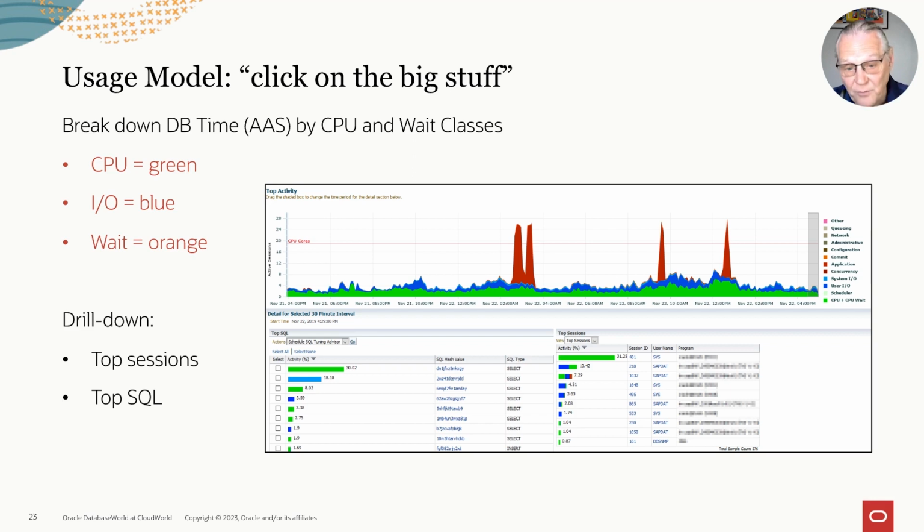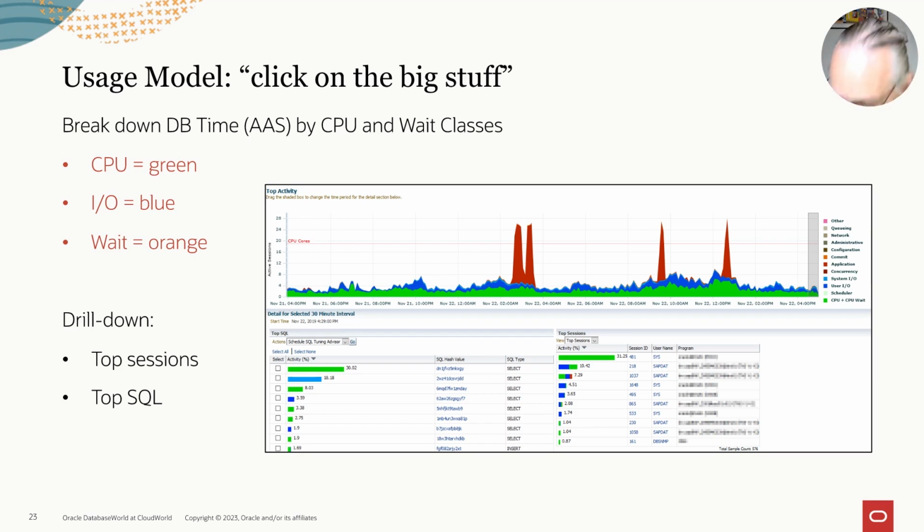So the usage model for these pages that show average active sessions, DB time broken down by wait class, is click on the big stuff, where the big stuff is the big color. And here, in terms of what's interesting, these 4 giant spikes of orange stuff represent performance incidents. It's very easy to see them because they're just large surges in DB time, and the time is spent waiting.